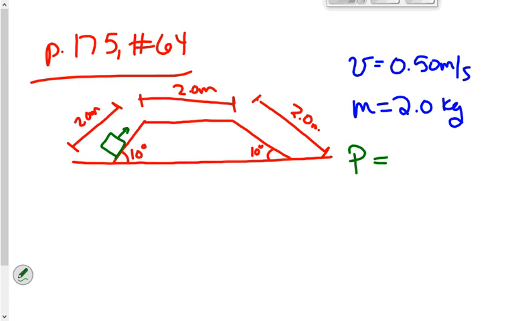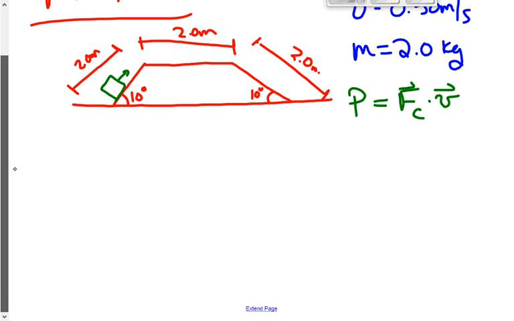F dot v. So it would be the force due to the conveyor belt dotted with the velocity. And I have the velocity. So if I'm going to be dealing with the force due to the conveyor belt, what am I probably going to have to do next? Free body diagrams. Okay, so we'll try to go down here, keep as much on here as possible.